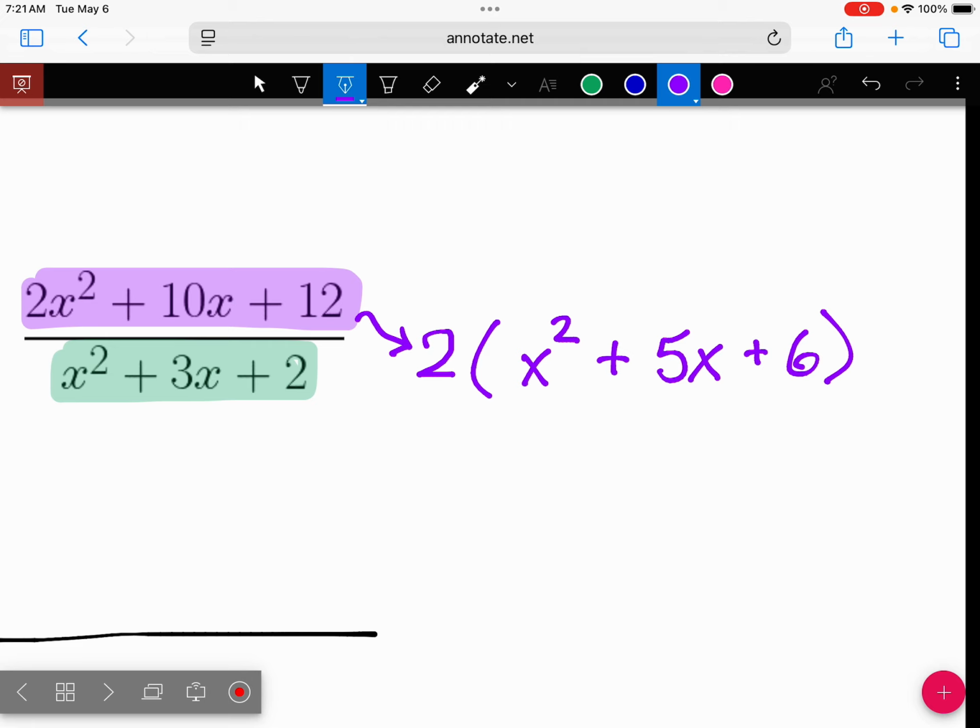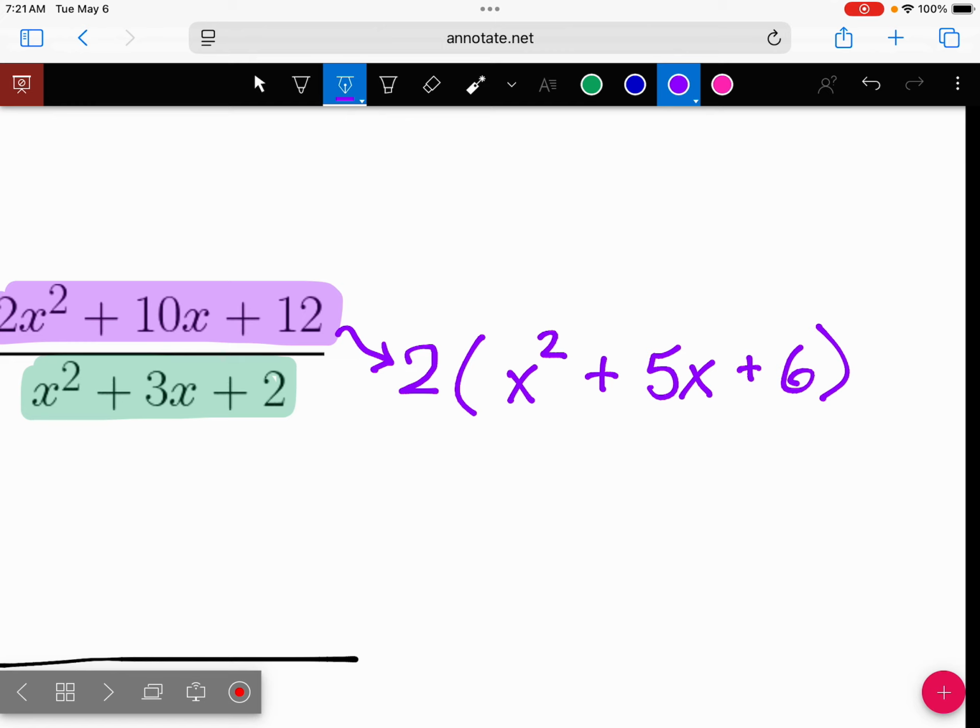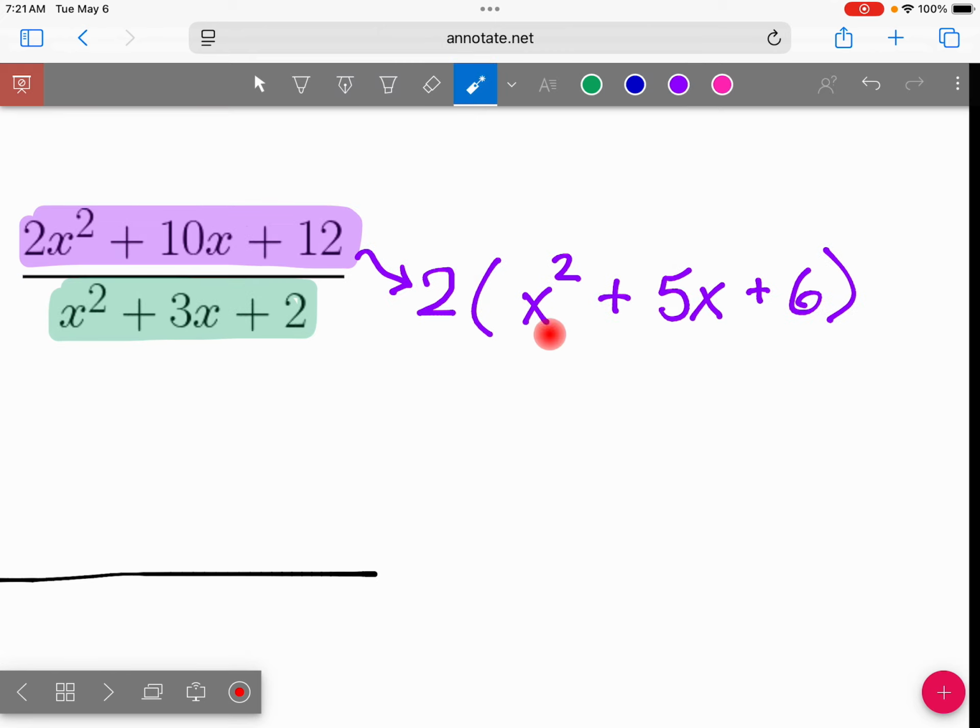All right, so that now, this guy we don't need the whole box, we can just do it with the x since that doesn't have an a value anymore. So we need a pair of numbers that multiplies to make 6 and adds to make 5. What pair of numbers multiplies to make 6 and adds to make 5? 2 and 3.